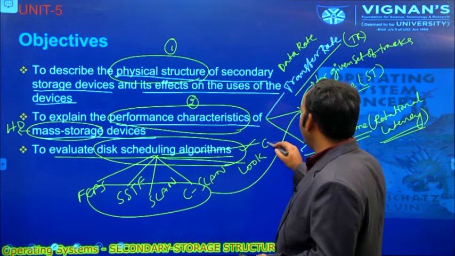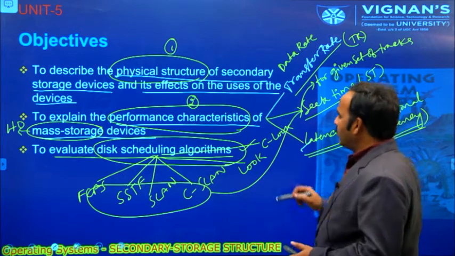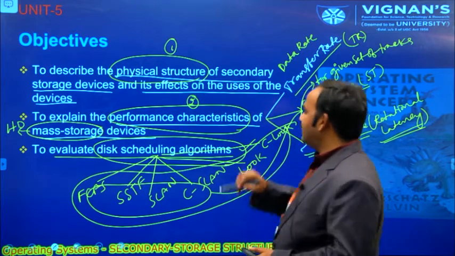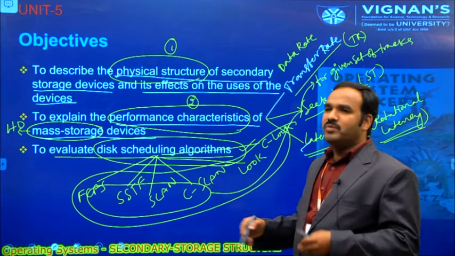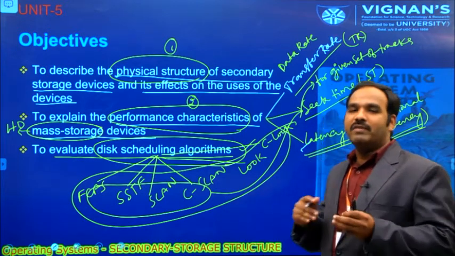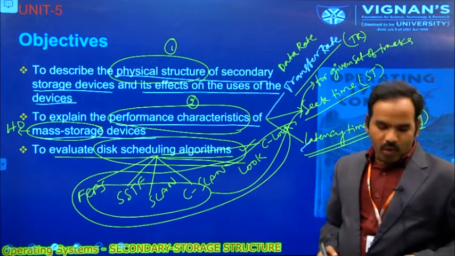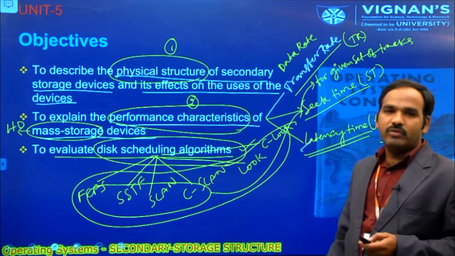There are so many variants of disk scheduling algorithms. The objective of these algorithms is to minimize the seek time for a given set of tracks while doing the IO operations. That is the main objective. So these are the objectives of Unit 5.